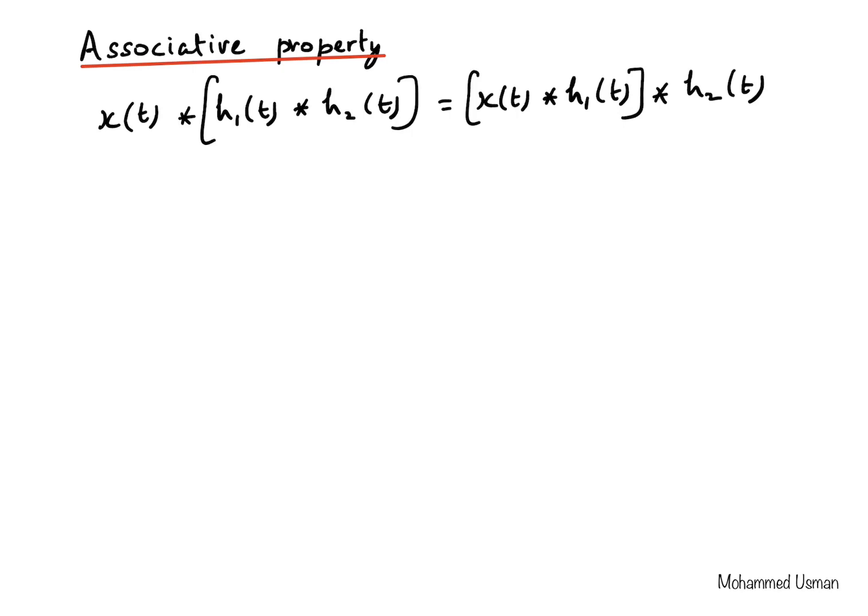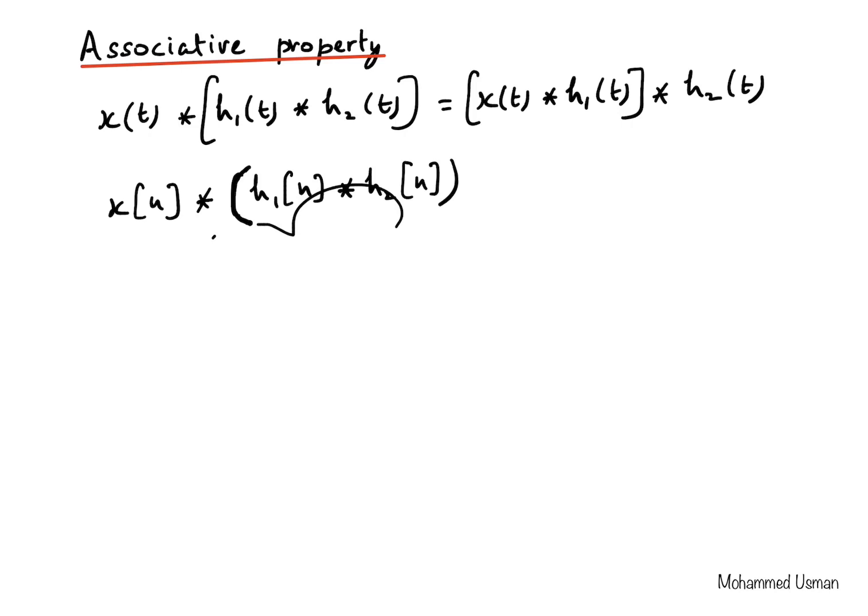So a similar thing applies for the discrete case as well. So x of n convolved with h1 of n convolved with h2 of n. Okay, I'll use round brackets for these brackets because the square brackets represent the argument for the discrete case, right?